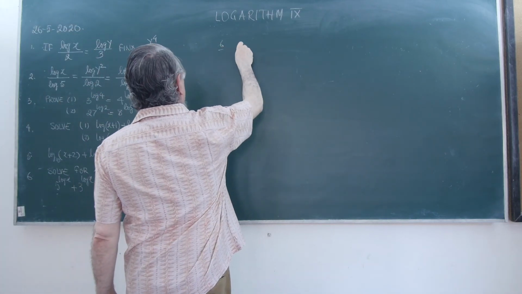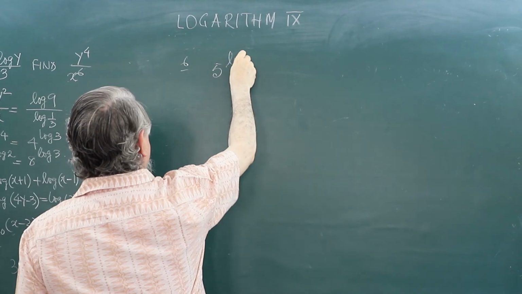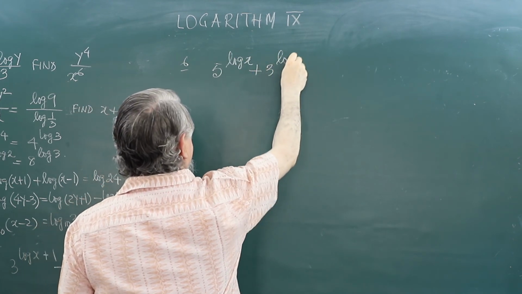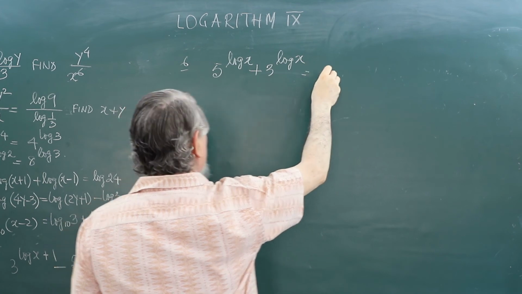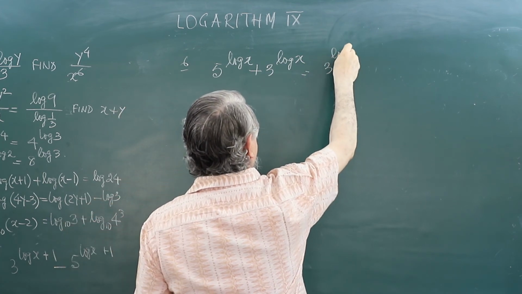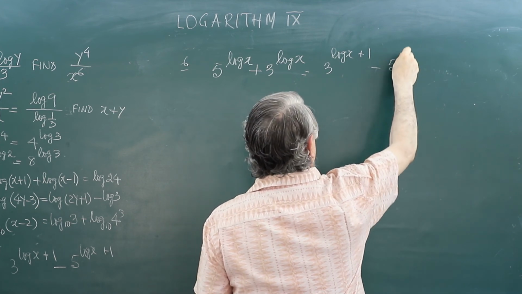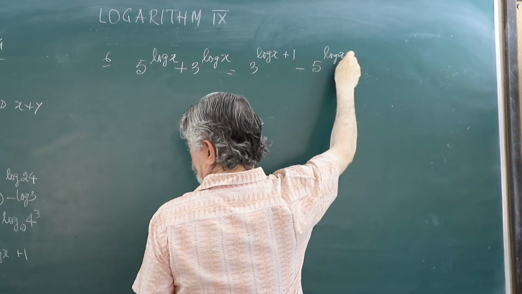Sixth question is 5^(log x) + 3^(log x) = 3^(log x + 1) − 5^(log x + 1).